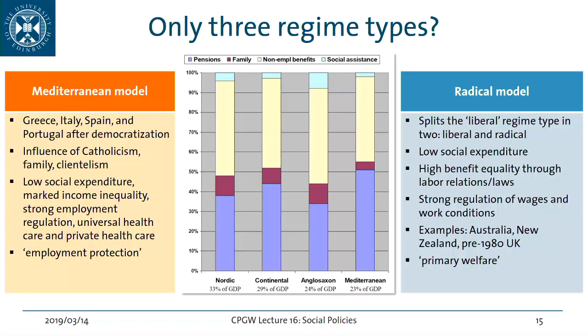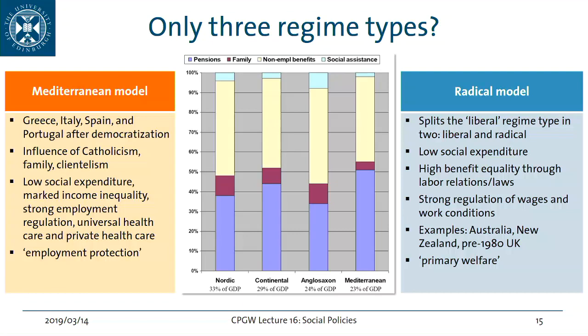And then yet other researchers have identified what they call a radical model, and they say, well, look, the liberal model isn't actually the liberal model. It's actually two models in disguise. There is a liberal model, yes, and it is the one that we see in the US, for example, but there's also what they call a radical model that is different from that. And it's different because it's trying to strongly regulate work conditions and wages, which is something that, of course, famously the US doesn't do.